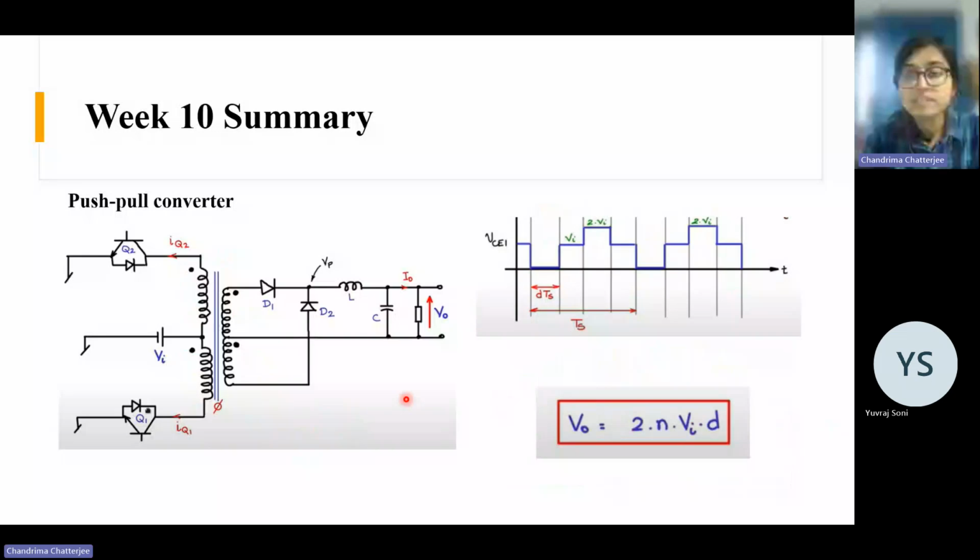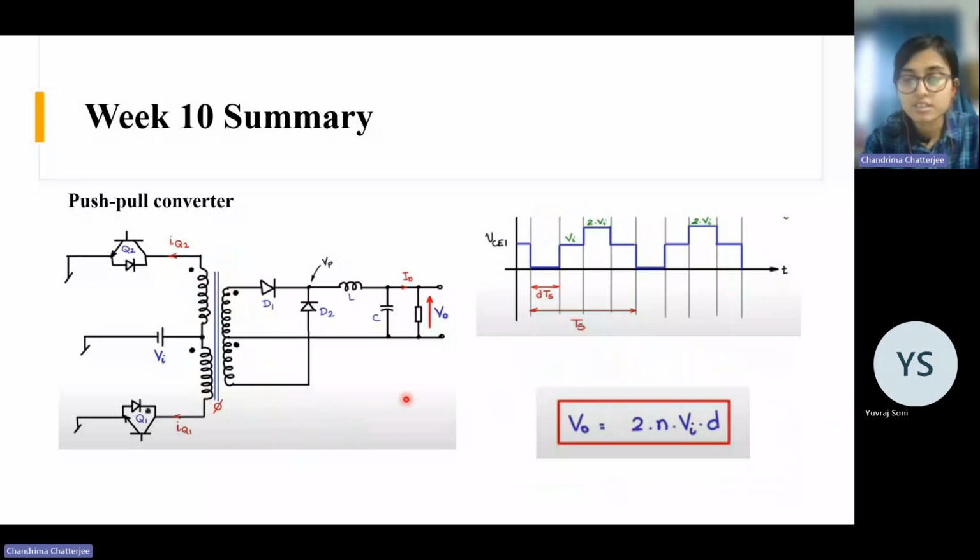There is an issue in the push-pull converter which is called flux walking. What is flux walking? Ideally we assume that there is no voltage drop across the devices when they are on, but practically that is not the case.